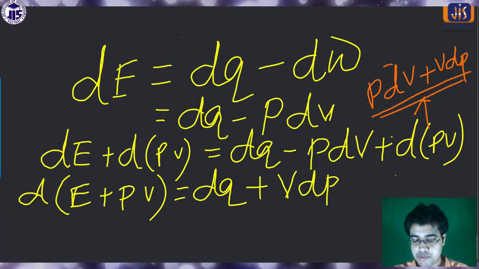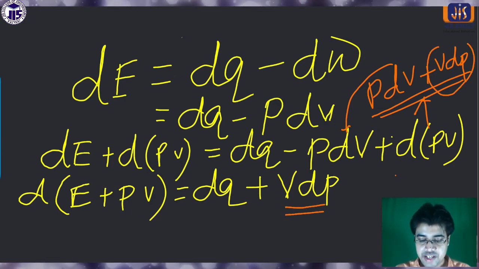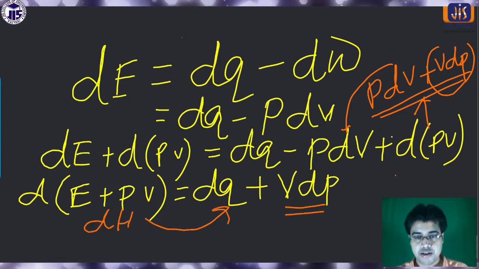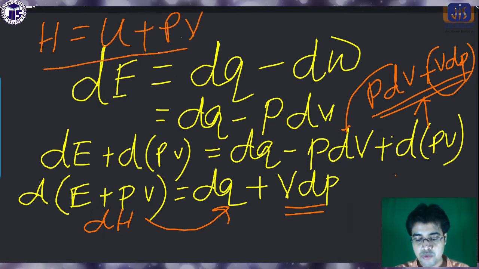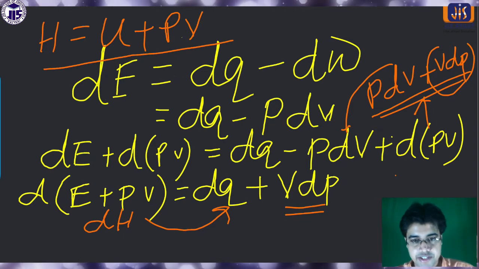So PdV will cancel out, and the remaining part will be VdP. So E plus PV, that is d of H, equals dq plus VdP. So finally what we get is that H equals U plus PV. You have to keep this in mind, that H equals U plus PV.